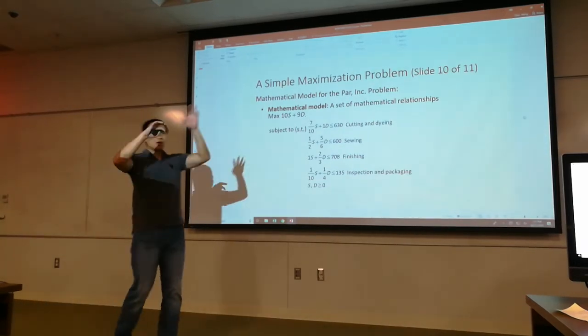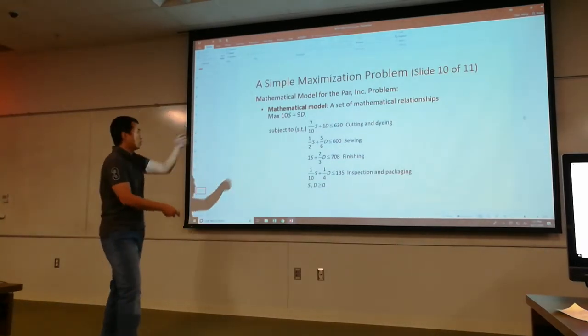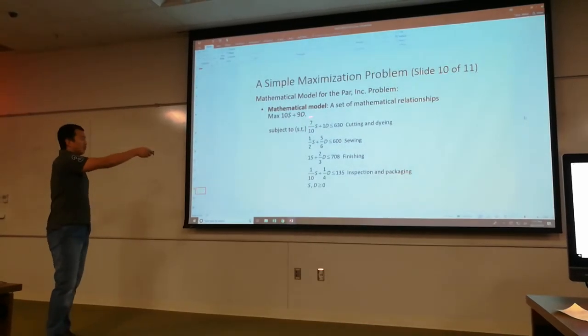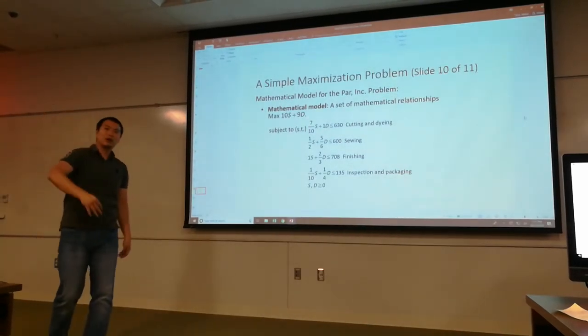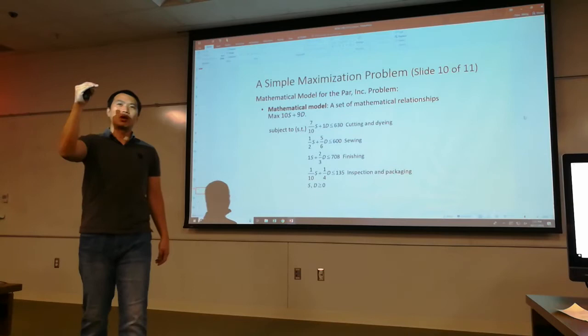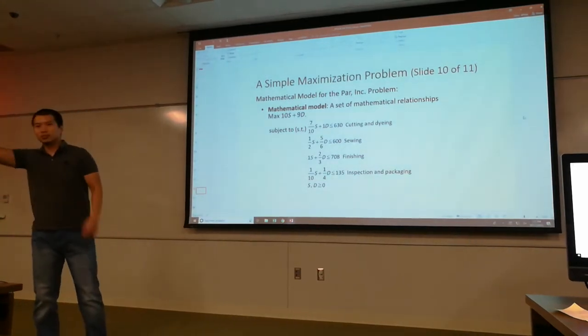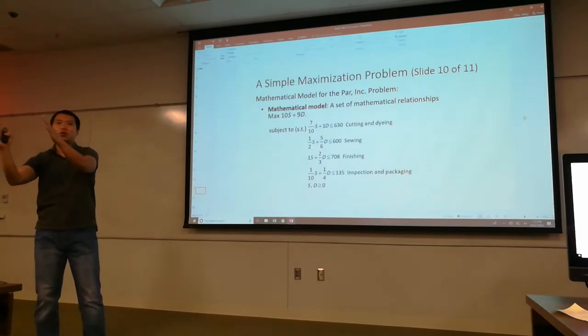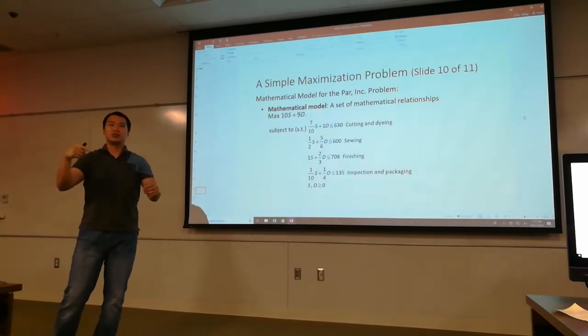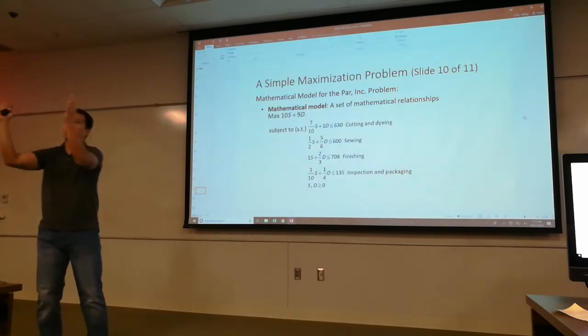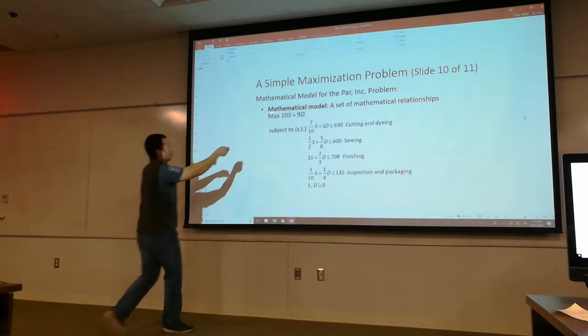So if we put all the pieces together in one slide, this is what we have. Objective function: every time you write the model, you have to write your objective function first. Max your objective function, or min, which means minimize your objective function. So that's the first one you write down.